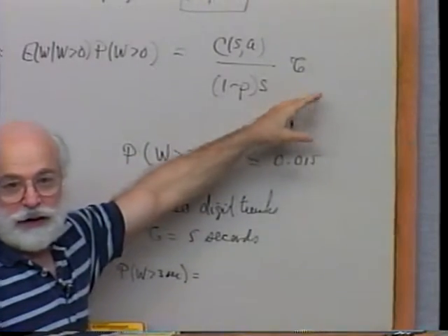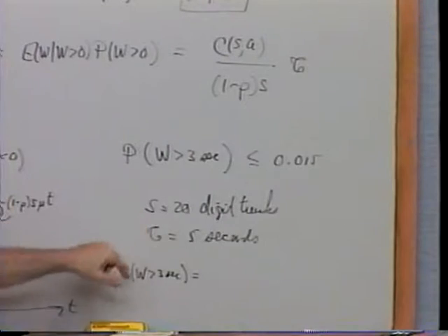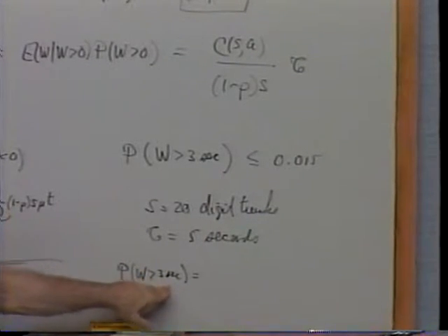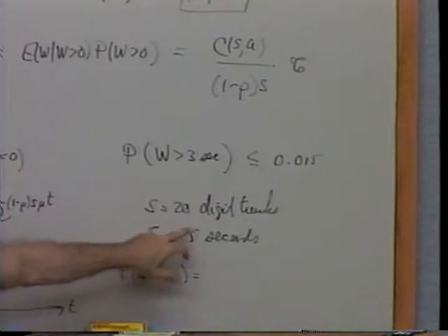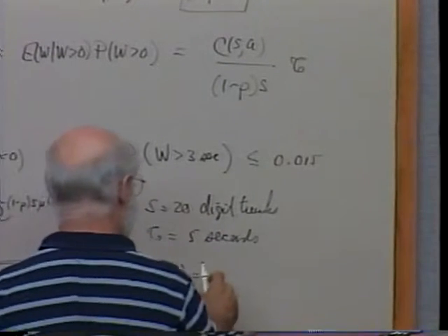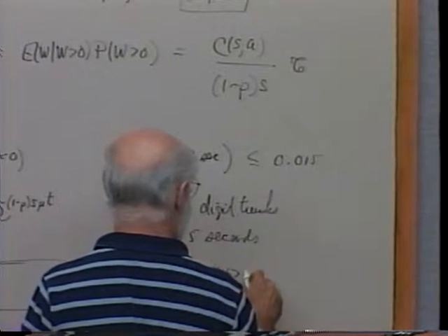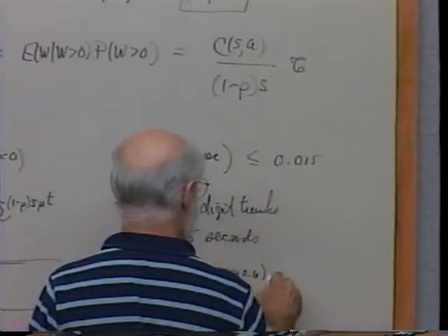I just specify the offered load, and when I specify the time, instead of specifying in absolute seconds or whatever units the physical problem is, I normalize to fractions of a service time. So here it's going to be, what's the probability that the waiting time is greater than 0.6, 3/5?